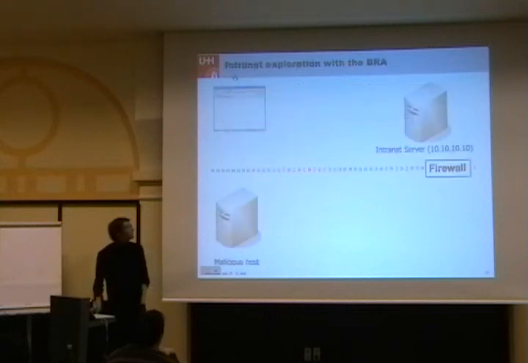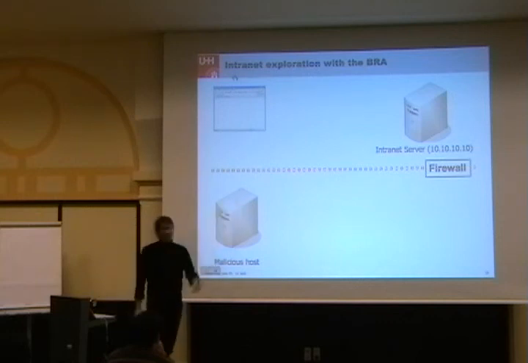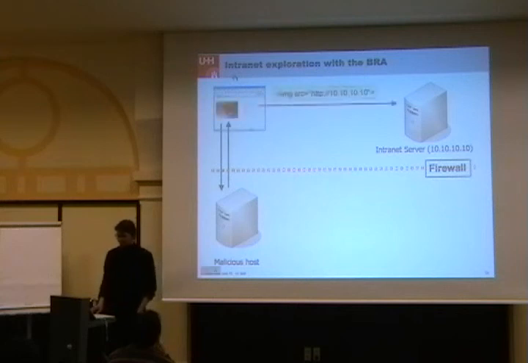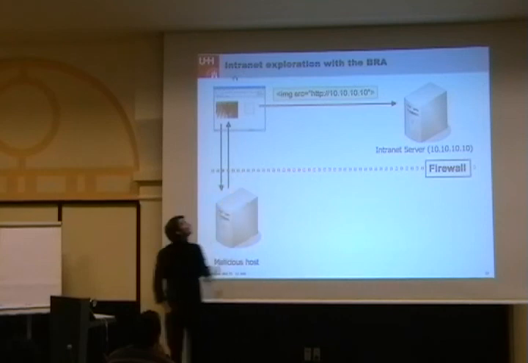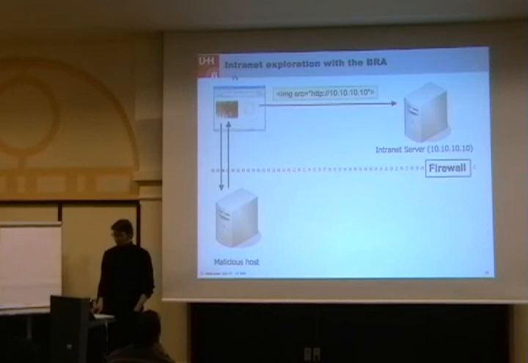So to make it clearer, the malicious host here wants to know if there is a server at some private IP that he hasn't been able to access because of the firewall. So it sends this cross-site request forgery payload. And the payload now tries to access an image that is supposedly hosted at 10.10.10.10.